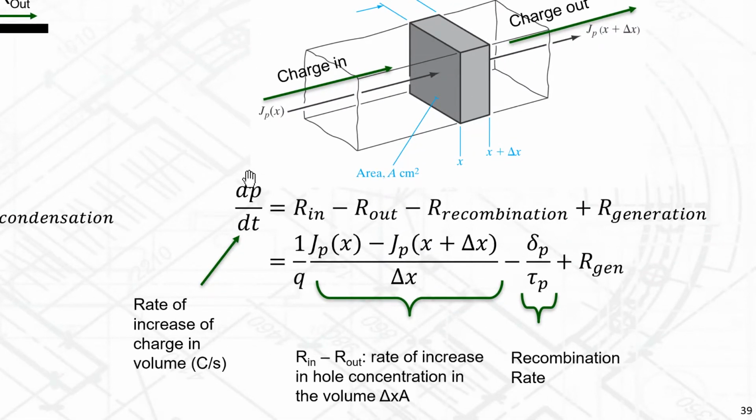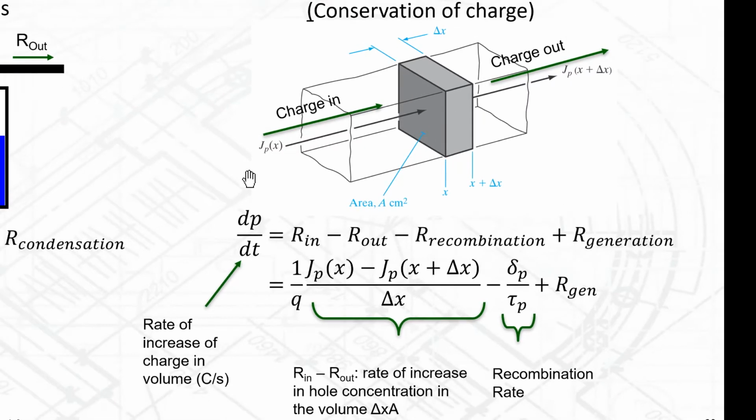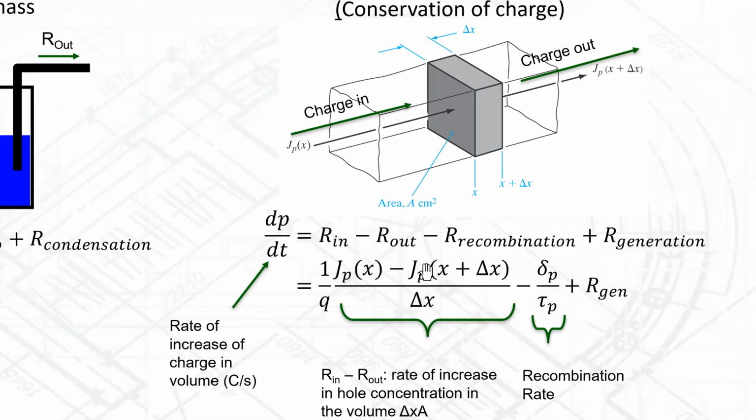So the rate of change of charge in the region is equal to the rates in minus the rates out. So the rate in process is the current going in. So that's R in. And then the other process that's positive is the generation rate. So there's a rate of generation here.